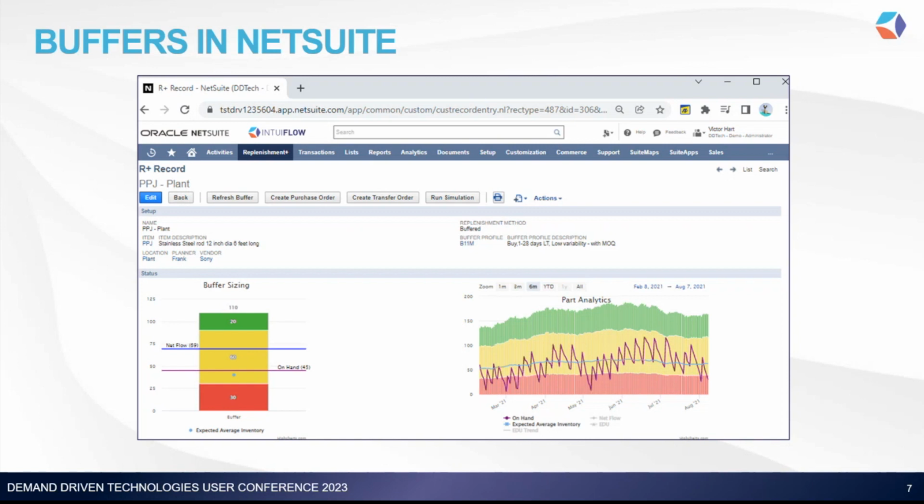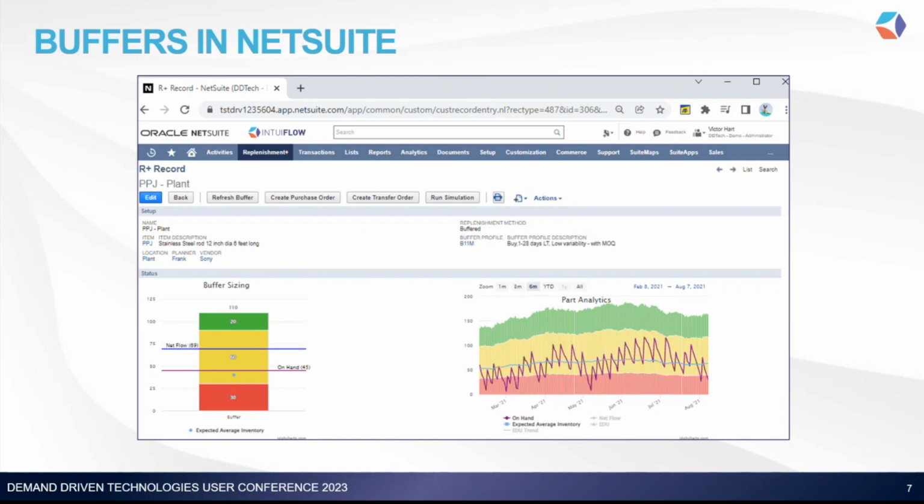To show it over time, technically, if you wanted to go really far, the graph there that's represented on the right, showing your analytics, is actually represented by a record called an Intuiflow chart history record. If I'm not mistaken, you can find it in your custom records. So that has all the data in it.